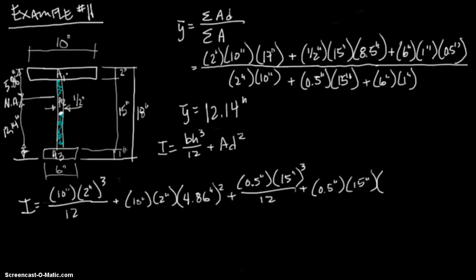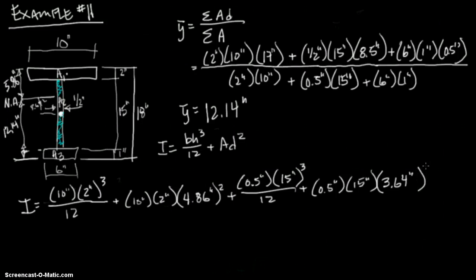And then that is 12.14 from here. That means it's 11.14 from here. And then 11.14 minus 7.5. Means the centroid is 3.64 inches from the central axis. The centroid of section A2 is 3.64 inches from the neutral axis.